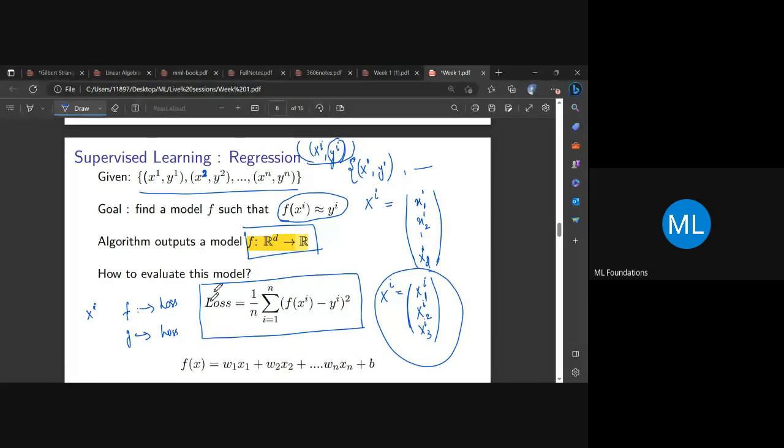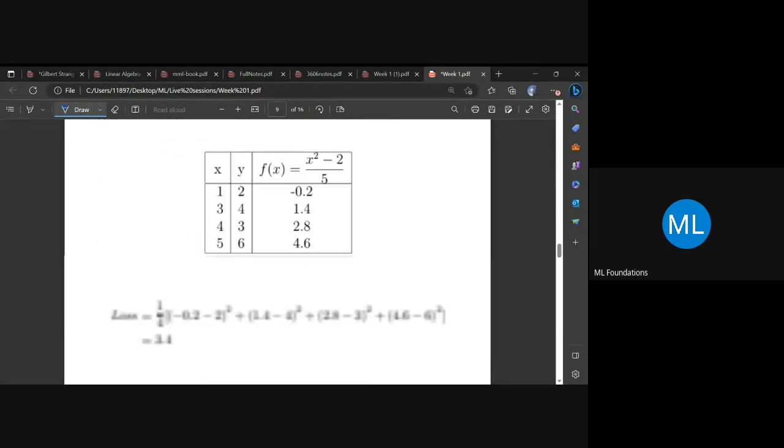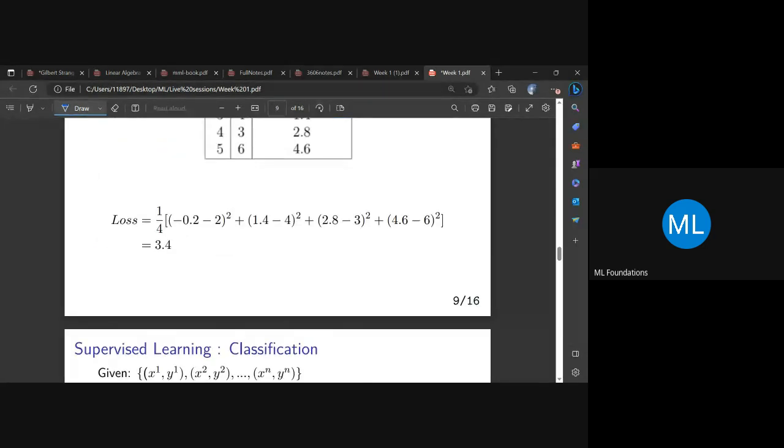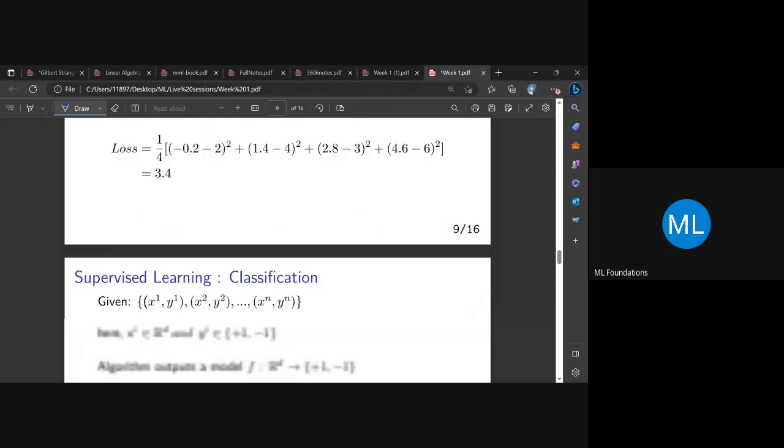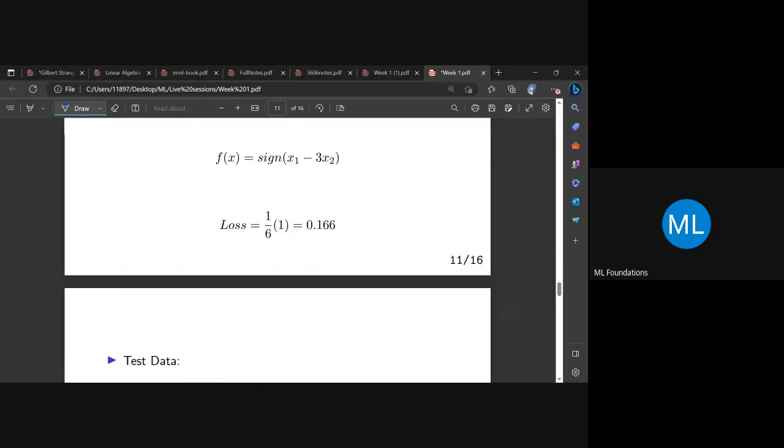So you have the data set, and you split the data set into three parts. You will have a training data set, a test data set, and a validation data set.